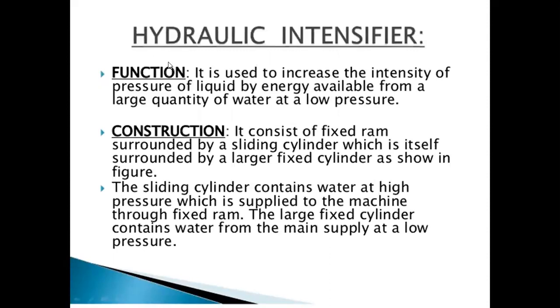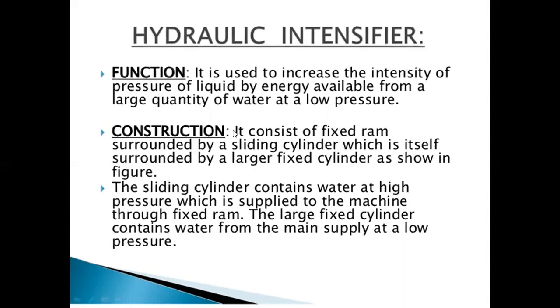Its function is to increase the intensity of pressure of liquid by energy available from a large quantity of water at low pressure, as we have discussed in the first slides.